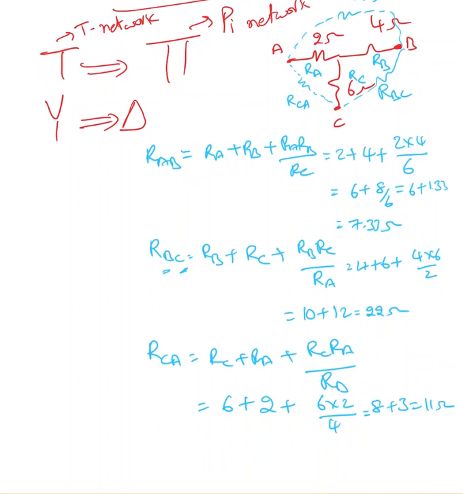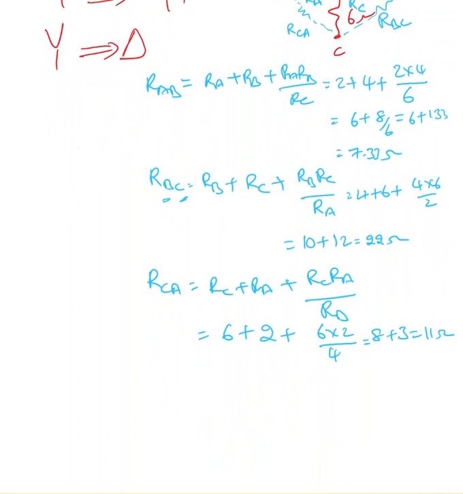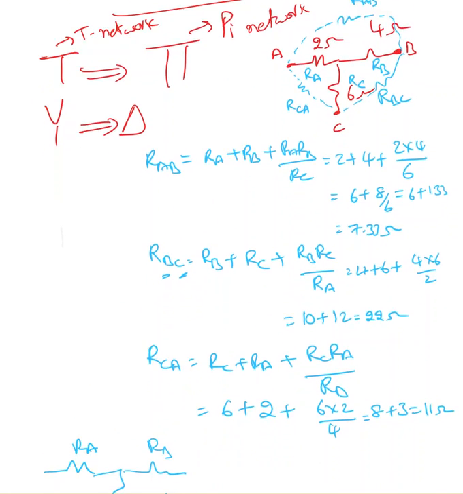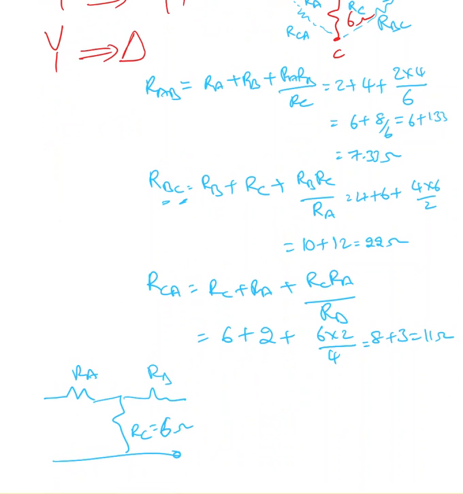So now my equivalent circuit, I have a T model, something like this. This is RA, RB, RC. This is I believe 6 ohm, 4 ohm, 2 ohm. Now when I convert this into the pi model, it's going to look like this.